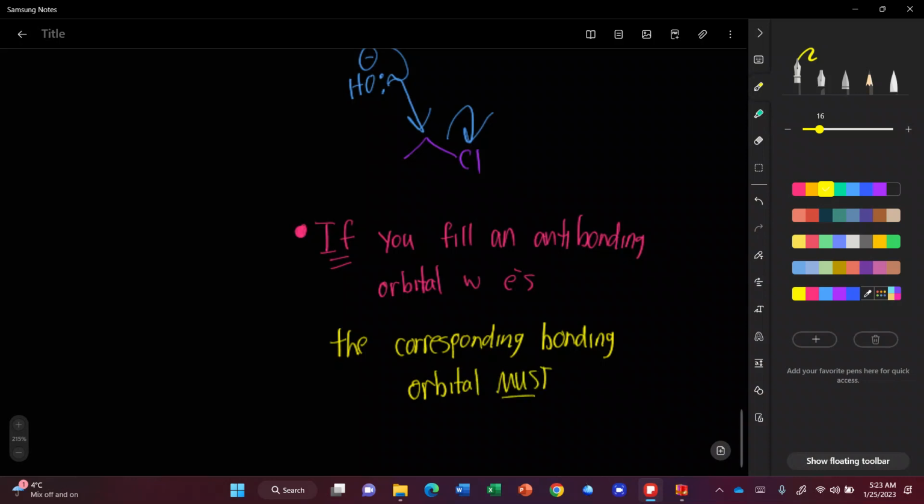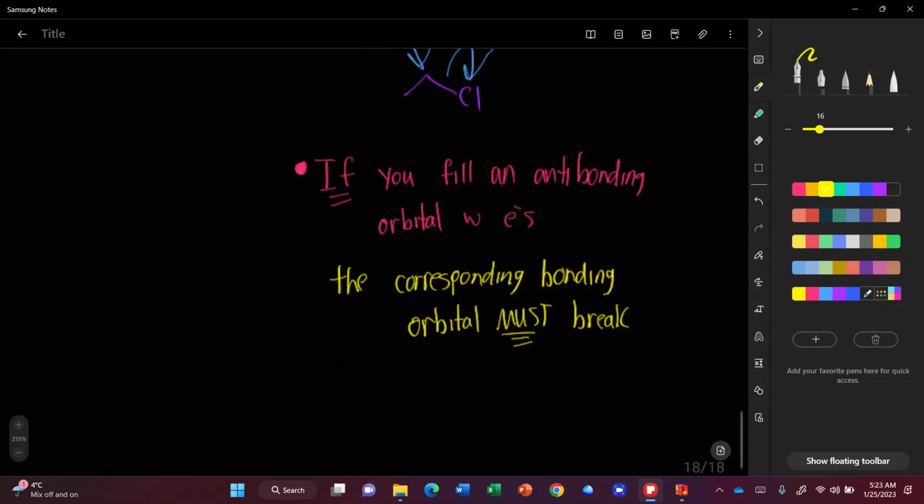Must break. Okay? So in this mechanism, you could ask yourself, why does the chlorine have to leave? Well, the reason it has to leave is because if I start dumping electrons into the carbon-chlorine sigma star, the carbon-chlorine sigma has to go bye-bye.